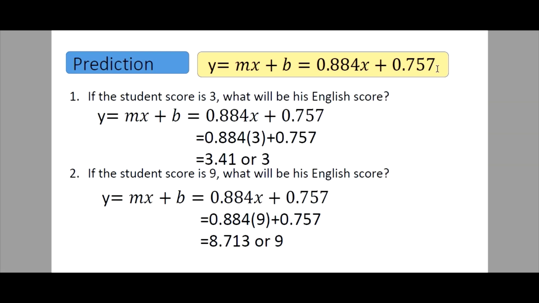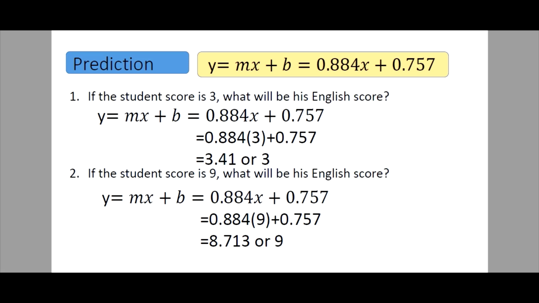Take note, it helps us in predicting the value of the other variable. So say for example, if the student's score in math is 3, what will be his English score? We can now use the regression line equation. Substituting, we have 3.41, so he can score about 3 points.